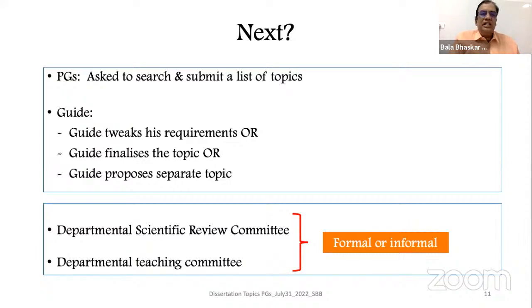Sometimes the guide also has certain requirements, mainly based on his interest and his knowledge, and will say, let us pick up a separate topic like this. So this is the way the system runs normally. It's also possible that the thesis topic that is collected is discussed in the departmental scientific review committee or the teaching committee, which could be present in different institutions, either as a formal body or as part of an informal discussion.